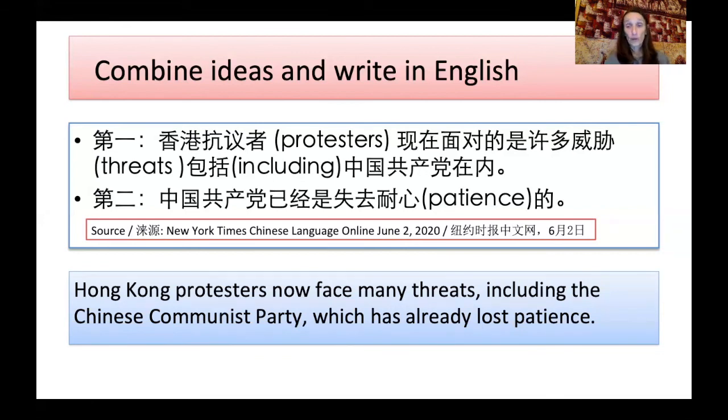So where's the clause? There it is. Which has already lost patience. One way you know it's a clause is the clause word, which. And there you have that comma again, that punctuation mark, that little mark that separates one idea and the other. Now there's another comma here.